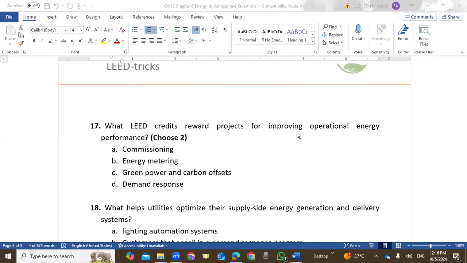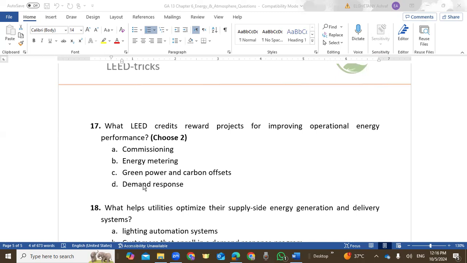Here it is about performance, about efficiency and performance. Commissioning or metering. Metering will help you, of course, to take measurements and take decisions and so on.